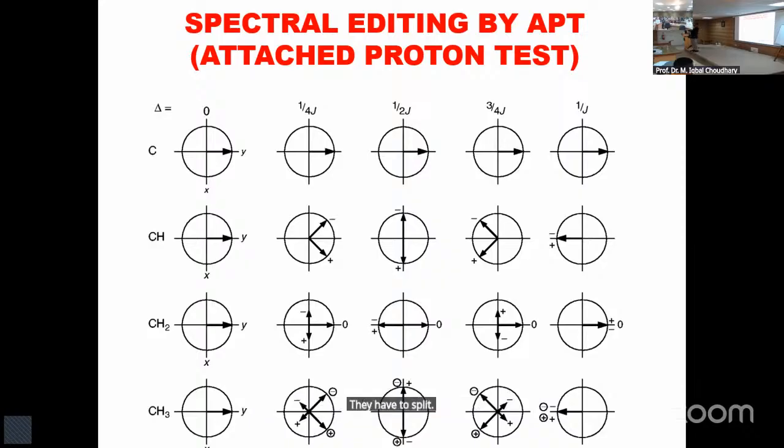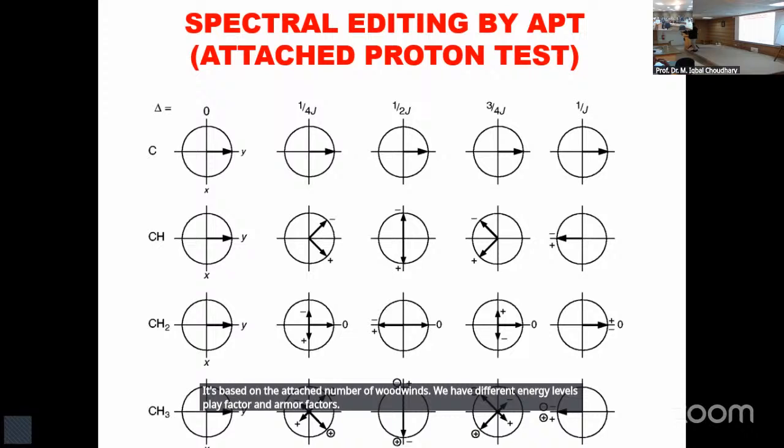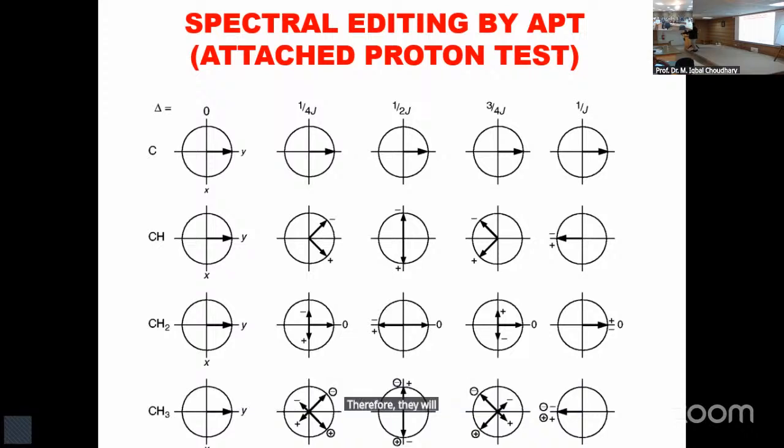So now CH3, CH2, CH, quaternary carbon, based on the attached number of protons, will have different energy levels and different Larmor frequency. Therefore, they will split and they will move on the XY plane, right?